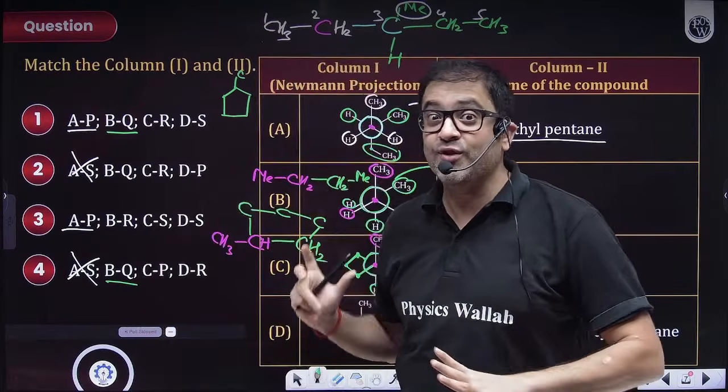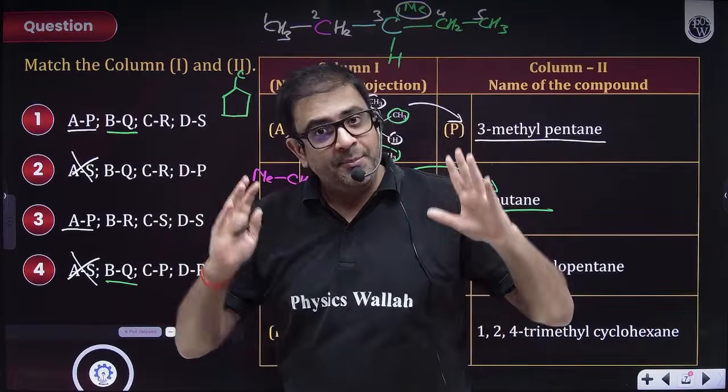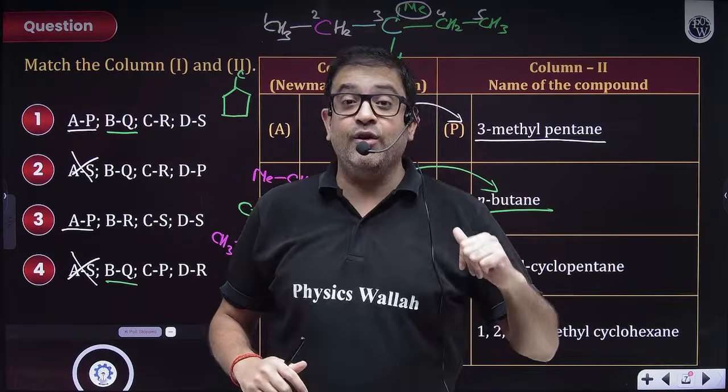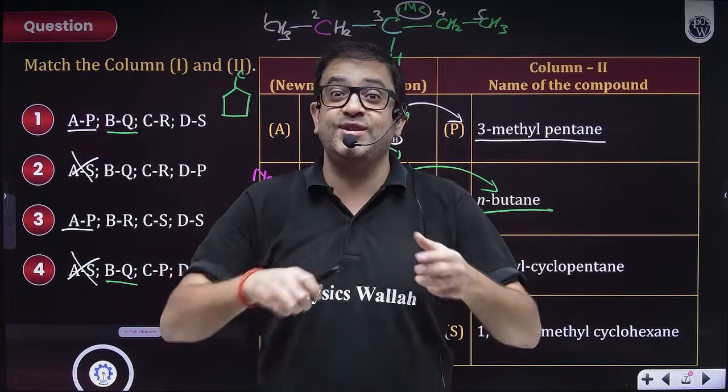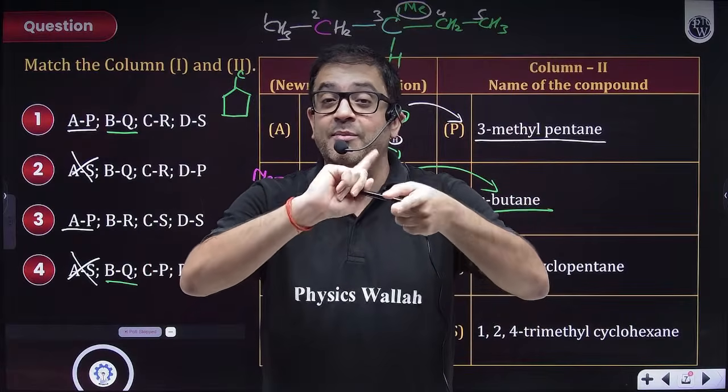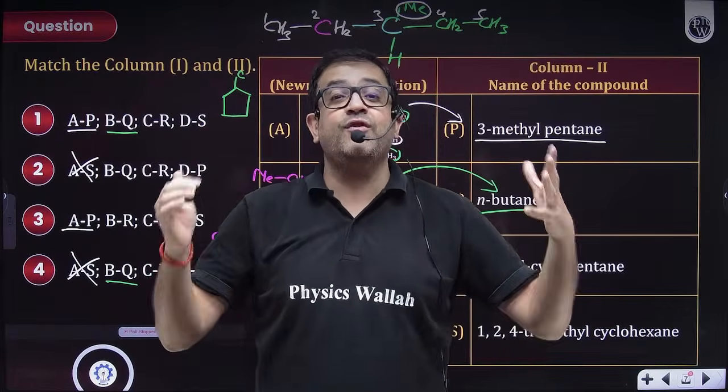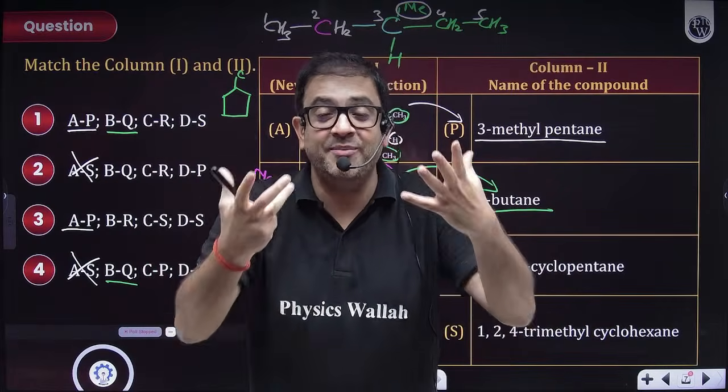We'll do some questions on cyclohexane conformers also. But technically cyclopentane and cycloheptane also have conformers, because C–C single bonds always allow free rotation. So their conformers also exist in nature, although not very much asked.